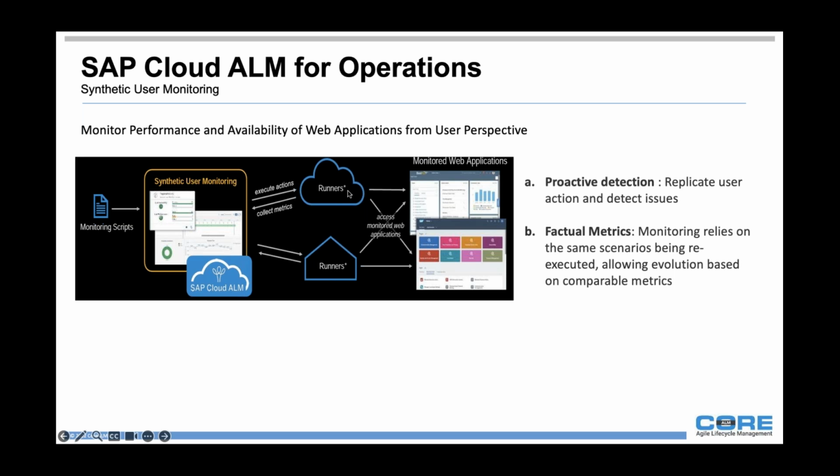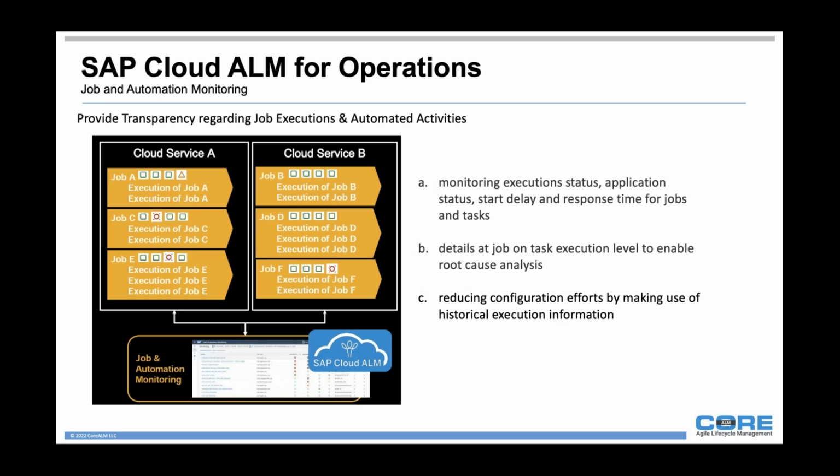The script executes or hits the application and sees whether it's available for usage. And then obviously performance, so the clicks that you do within that particular web application will also be recorded for performance evaluation. All these are executed and collected back, and then you can correlate it in Cloud ALM to see what is happening in this particular area.